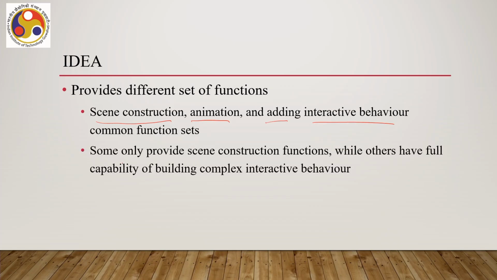Some of these tools only provide scene construction functions, while others have full capability of building complex interactive behavior. So, they come in different strengths. Some provide limited support, some provide extensive support, which is again quite common in different software packages.